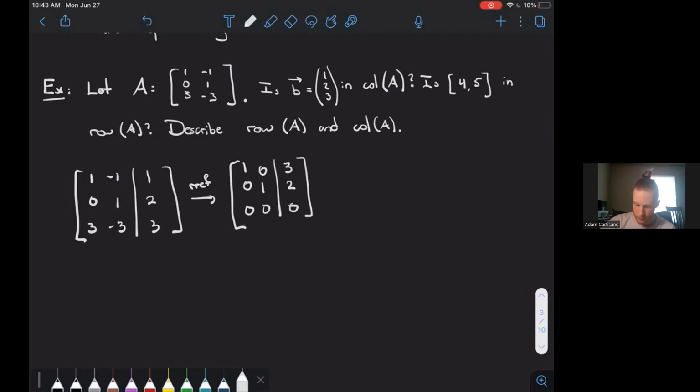But the point is, we don't have to row reduce it all the way, because we just have to know, is the system consistent? If the system is consistent, then we know that B can be written as a linear combination of the columns of A. That was a theorem that we covered in chapter 2. And if the system is inconsistent, then it means that B is not a linear combination of these two columns. So that's one way to check.